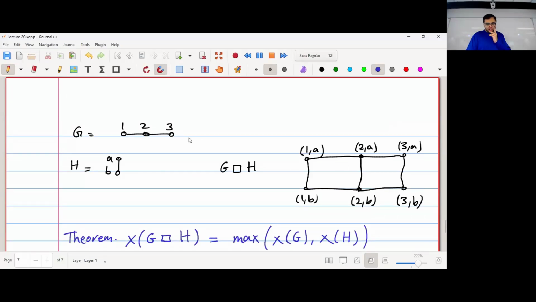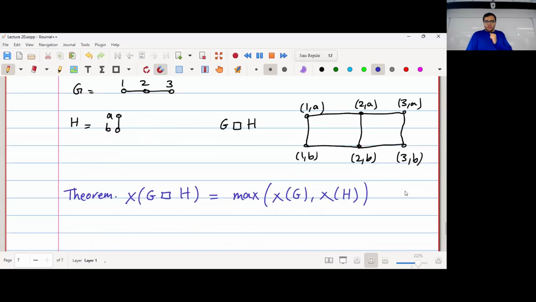I basically created a copy of G for every vertex of H. I have a copy of G here. I have another copy of G here, right? So since I definitely have a copy of G in this product G box H, the number of colors needed to color G box H cannot be less than the number of colors needed to color G. And the same thing for H.